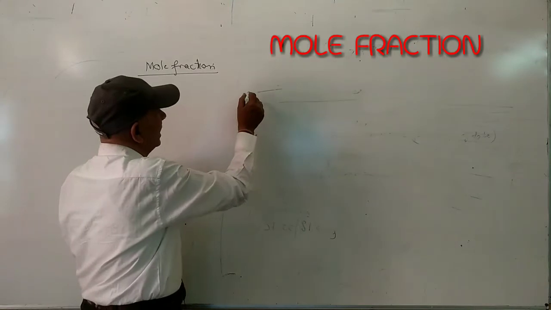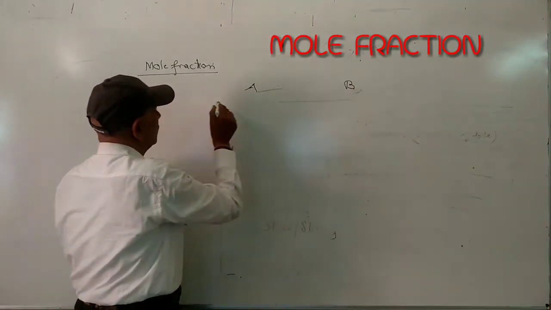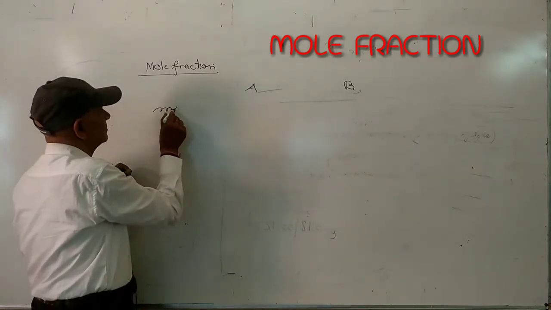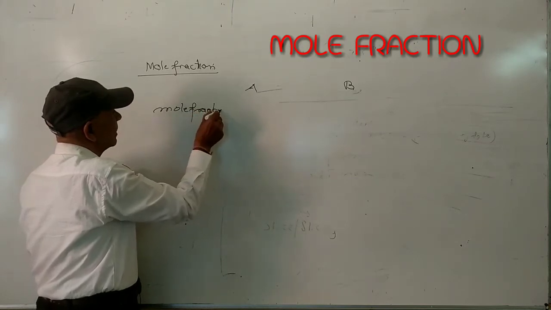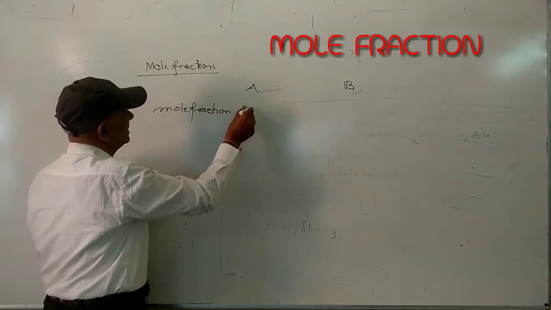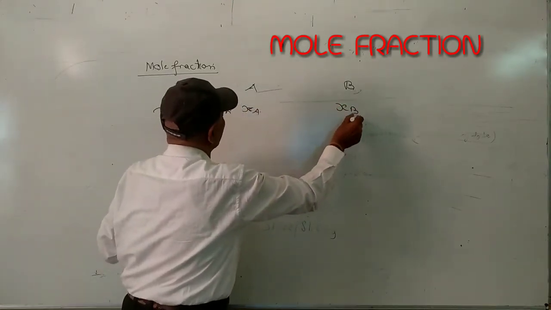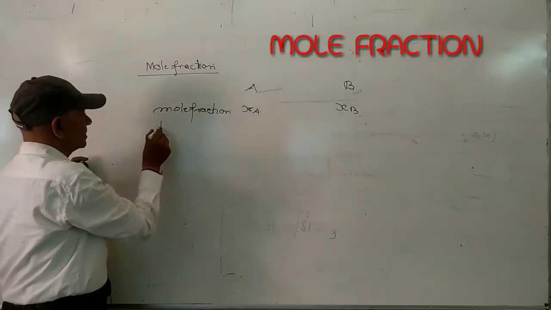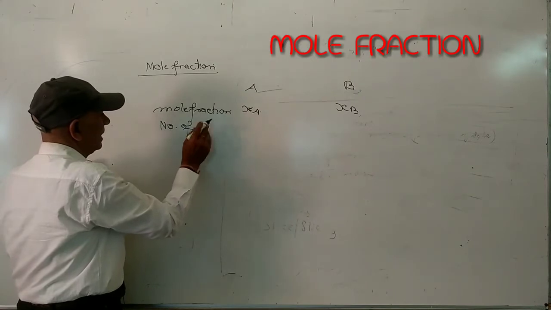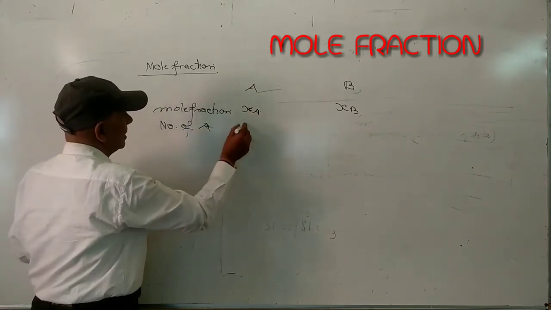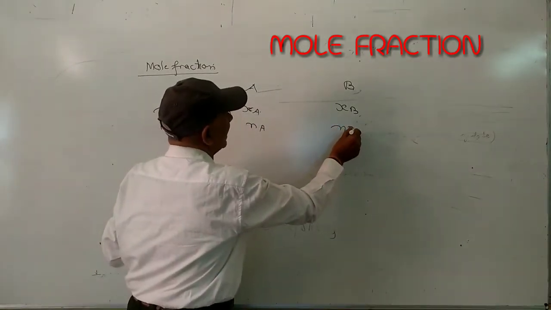Let us take components A and B, and their mole fractions are represented by XA and XB. The number of moles of A is NA and of B is NB.